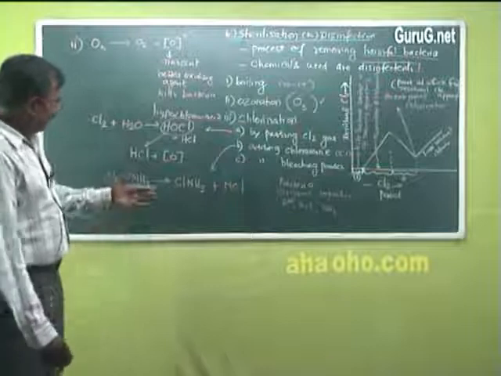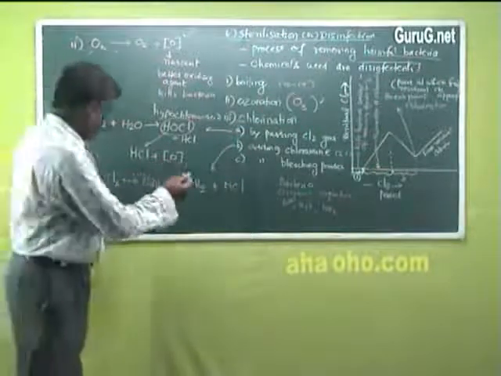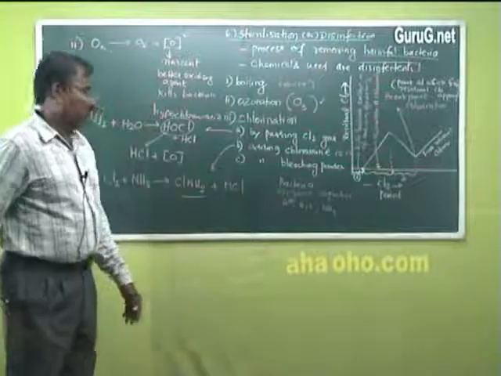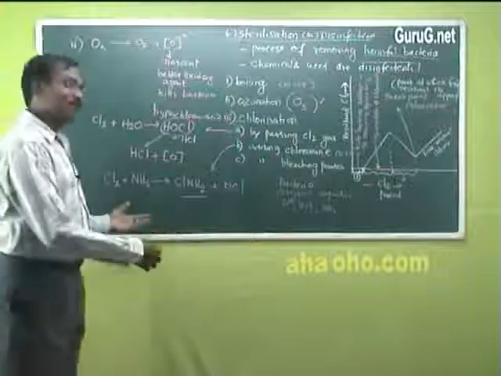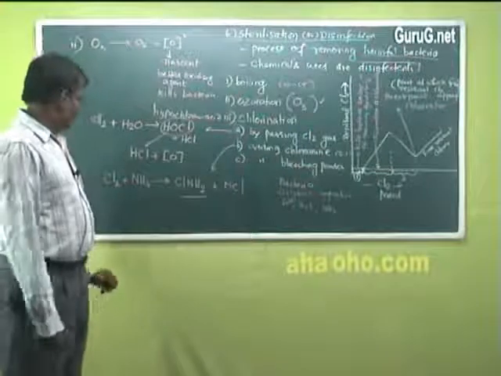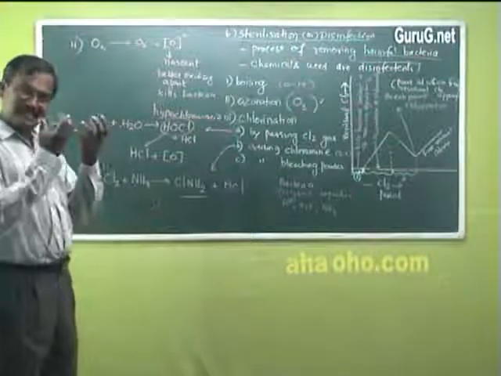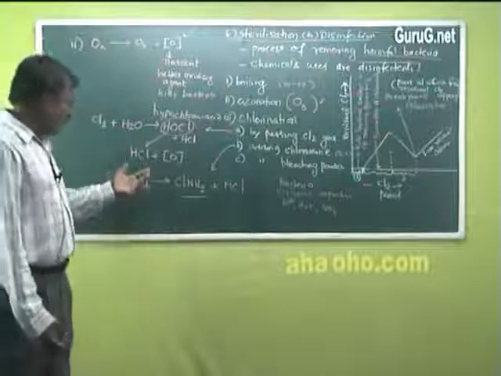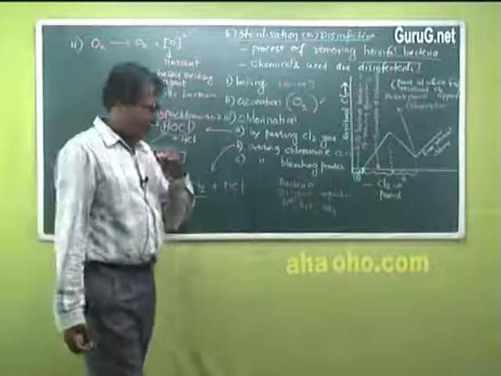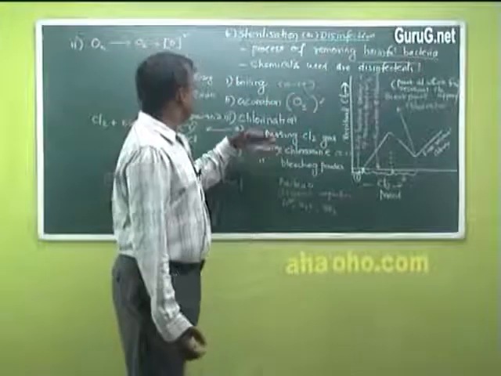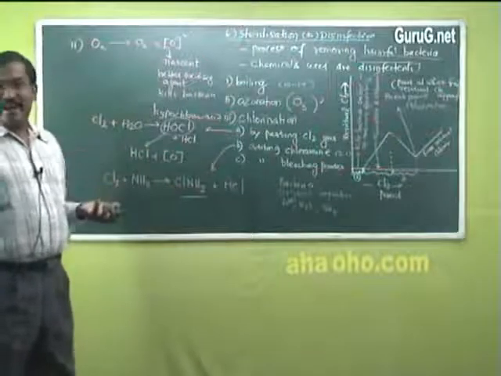Here, which is the reagent responsible for killing the bacteria? Obviously, this chloramine. This chloramine decomposes to give chlorine. Here, the chlorine is trapped by ammonia in the form of chloramine, and this chloramine decomposes at a slower pace, giving chlorine in a slow manner.